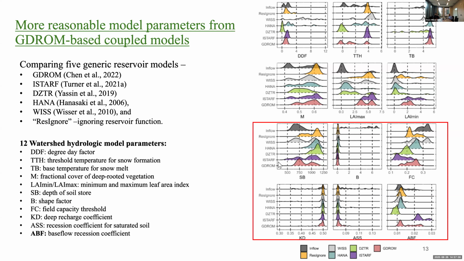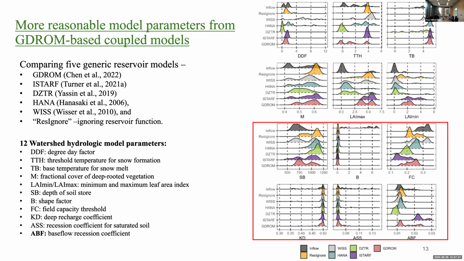We argue that if a model's parameter distribution replicates or is similar to the parameters estimated for the case without reservoir operation, then that model's parameter estimation might capture more of the reality.